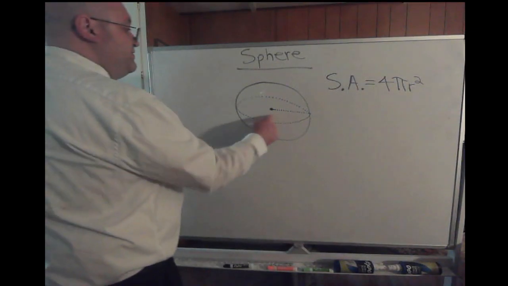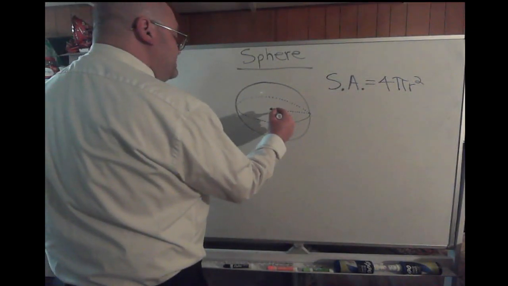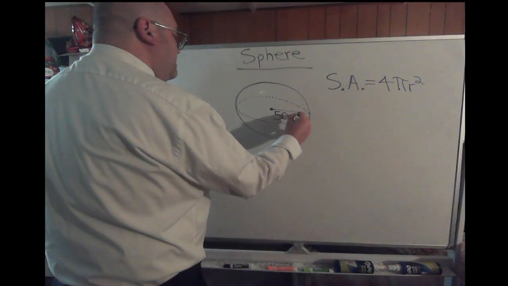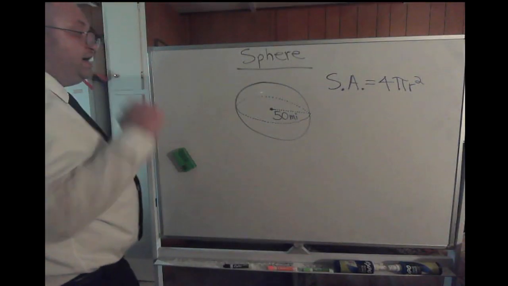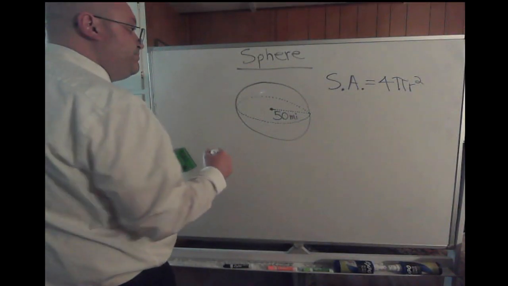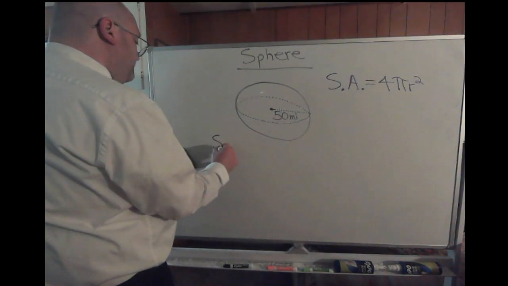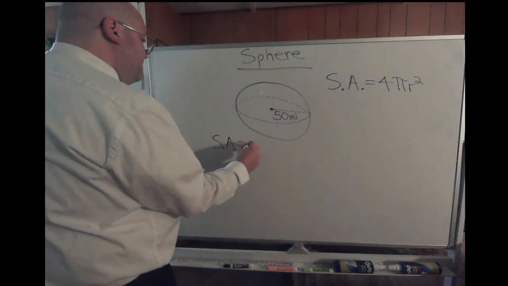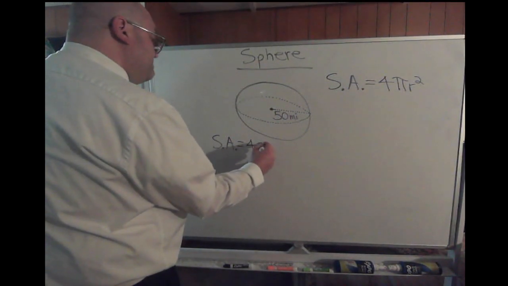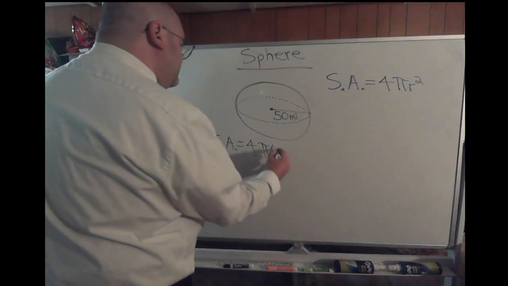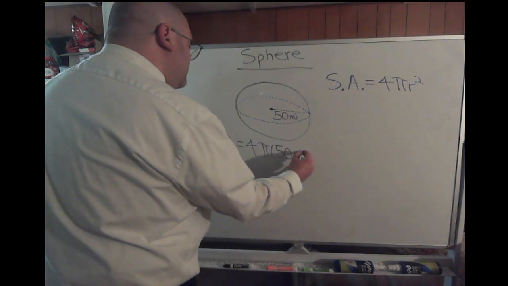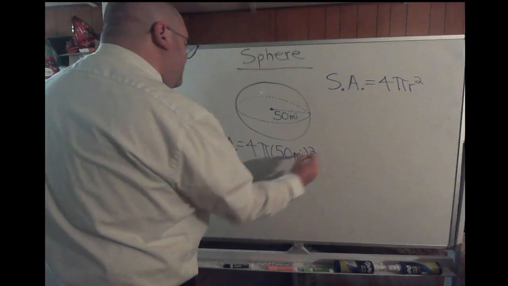Let's say this sphere has a radius of 50 miles. The radius is 50 miles for this sphere. So to find the surface area, we're going to take 4 times pi times that radius of 50 miles to the second power.